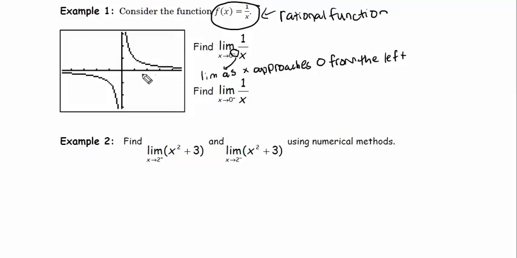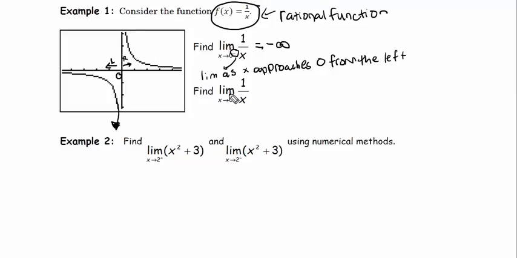Here is 0, and this side is to the left of 0, and this side is to the right of 0. If I look to the left of 0 and I look at what this graph is doing, it goes on and on downward. That means this limit ends up being negative infinity.